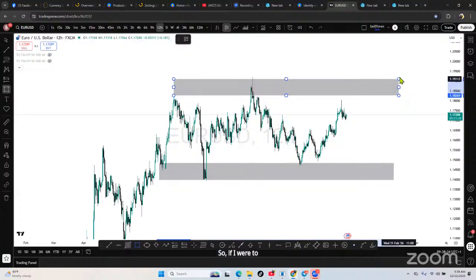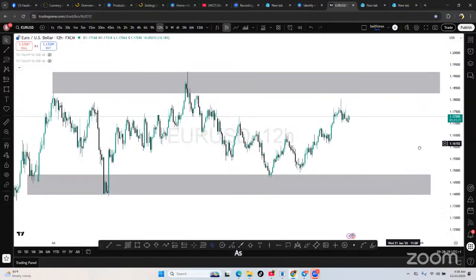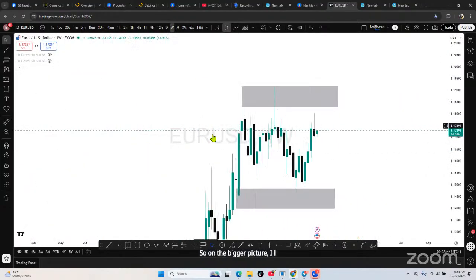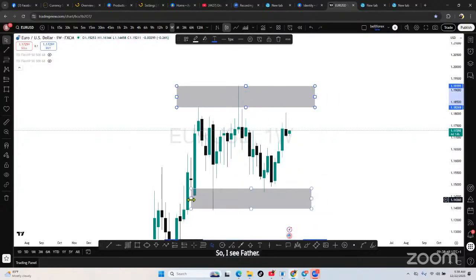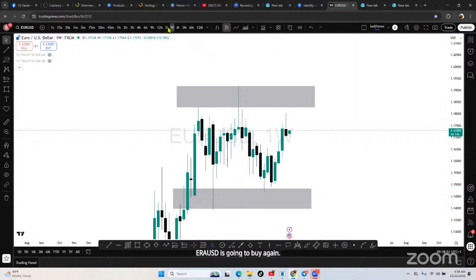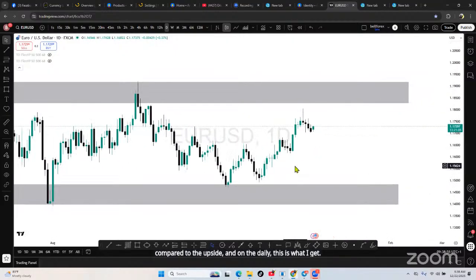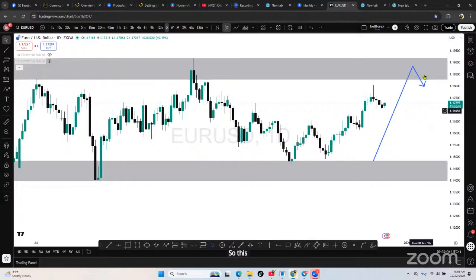On the bigger picture, I'll propose this particular pattern. I see further that Euro USD is going to buy again deeper to the upside. And on the daily, this is what I get. So I am in a bullish bias on Euro USD for the long term. That's where I'm going to start.